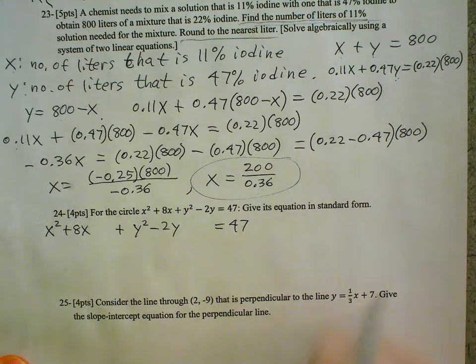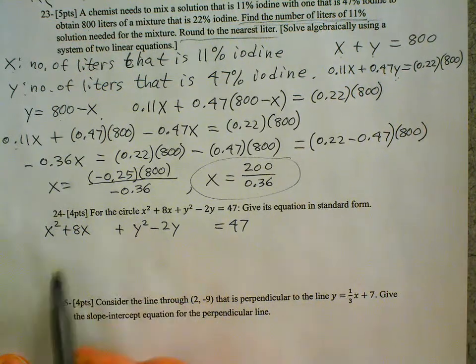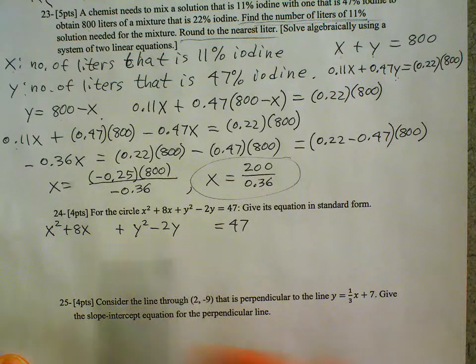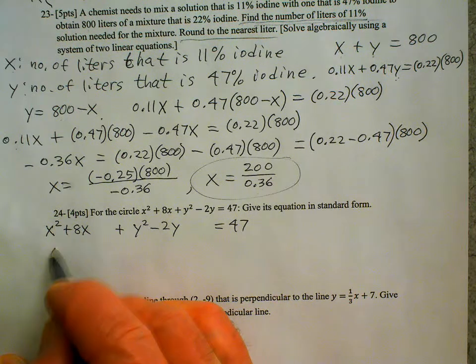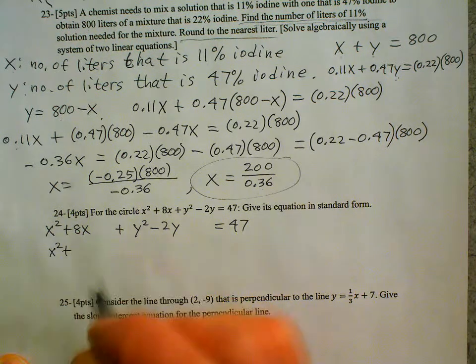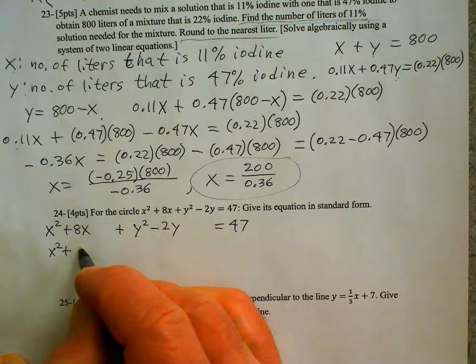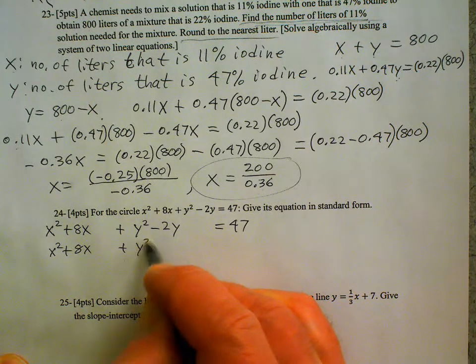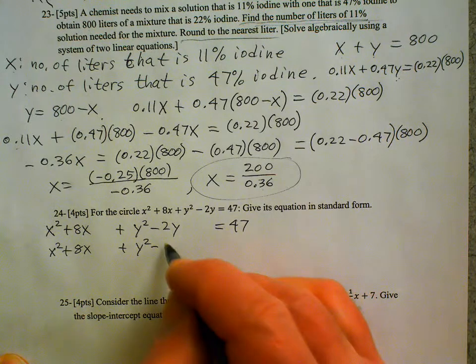Okay, in the next line, we're going to create two perfect square trinomials. One that has x squared plus 8x as the first two terms, and the other perfect square trinomial will have y squared minus 2y.